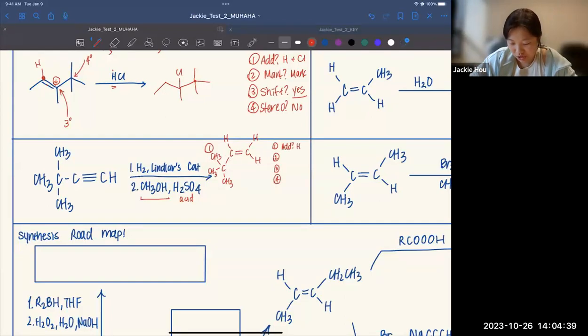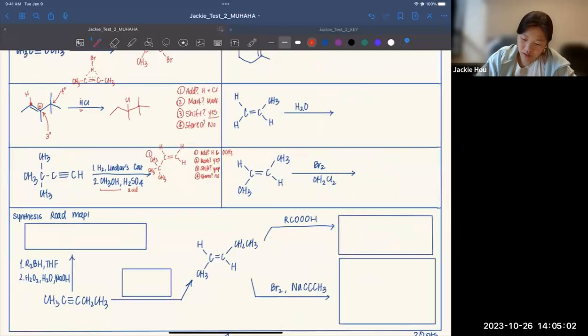It adds an H and a methoxy group. Is it Markovnikov? Yep. So the hydrogen is going to add to the less substituted carbon, and the methoxy is going to add to the more substituted. Does it have the possibility of doing a shift? Yep. And do we need to consider stereochemistry? No, because it's a carbocation.